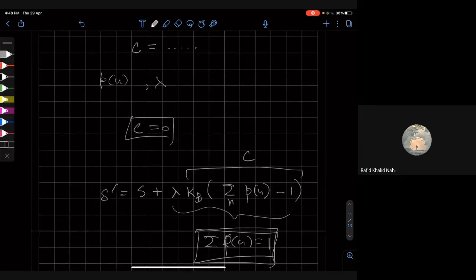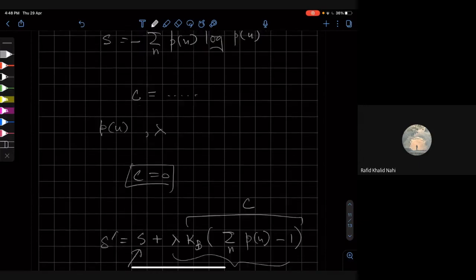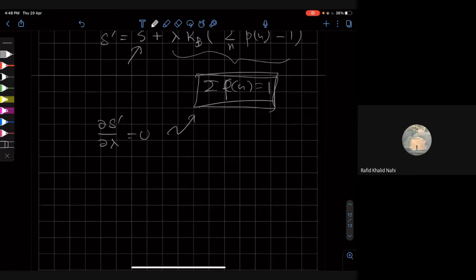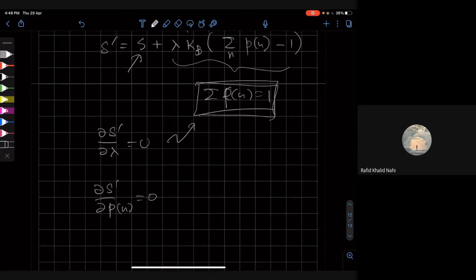So here we don't assume that P has any constraints. So P can be whatever. So that's going to be the equation ∂S'/∂lambda = 0. This equation is going to give you this. And then we are also going to get ∂S'/∂P_n = 0. That's going to be another equation.